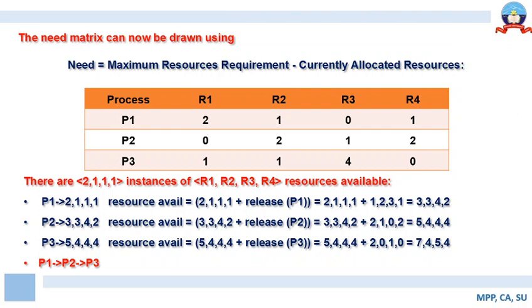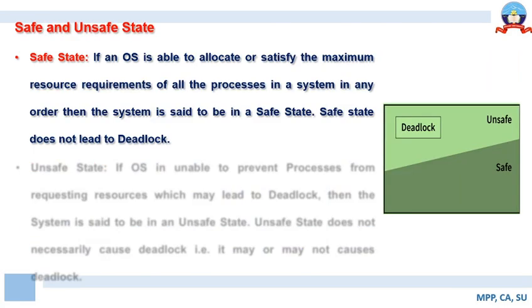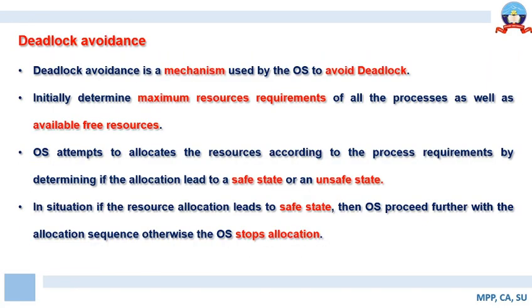So here what we have learned in today's class is what deadlock avoidance is, and what the operating system does in order to avoid deadlock. We have learned about safe state and unsafe state.